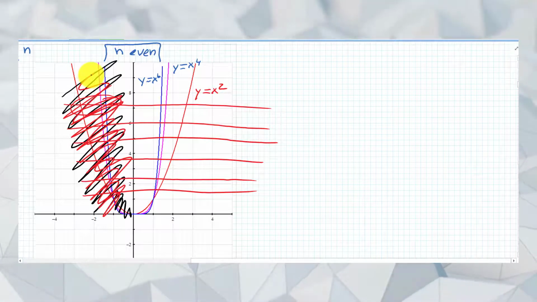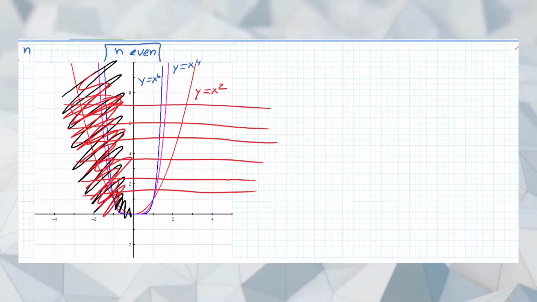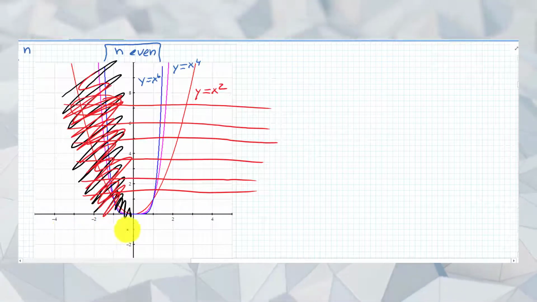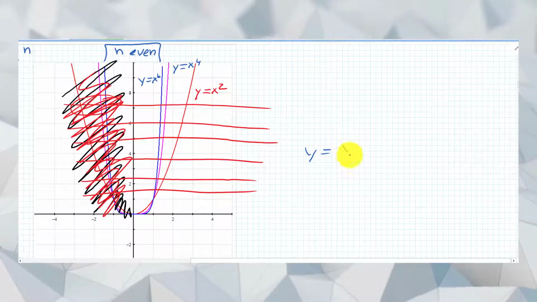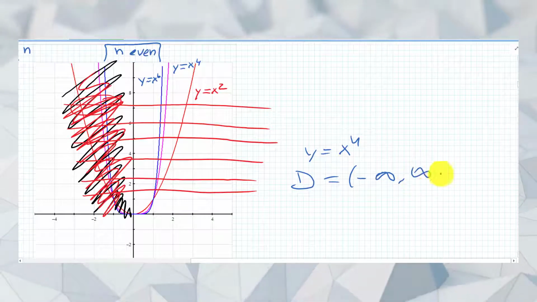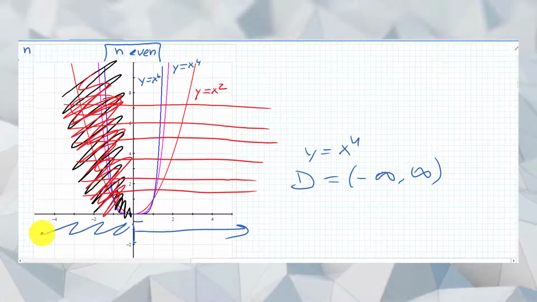It doesn't count. Now, how do we eliminate a portion of a graph? Well, that's simple. Instead of defining the function y equals x to the n over the domain negative infinity, infinity, I'm just going to define it right here. I'm not going to look at this side.